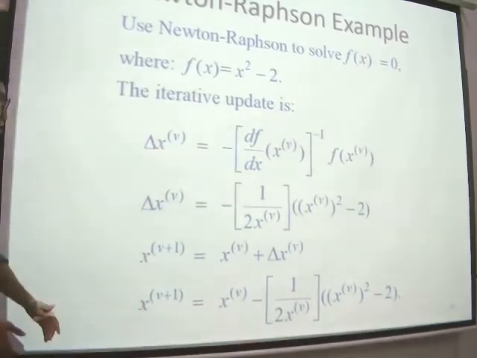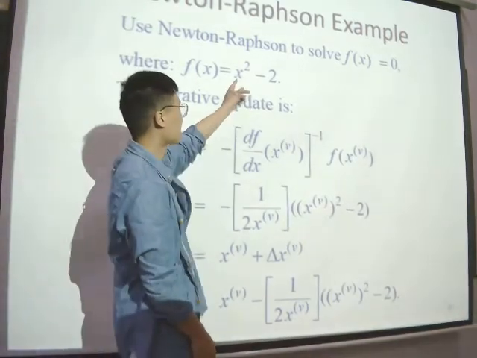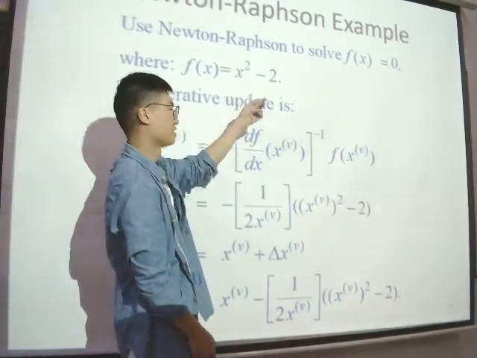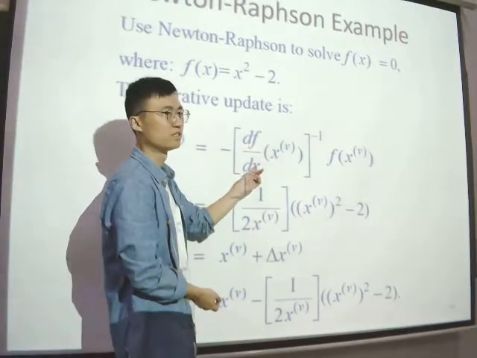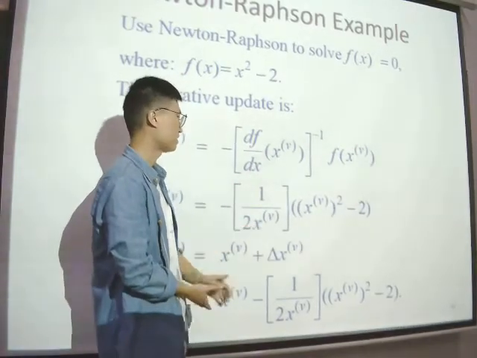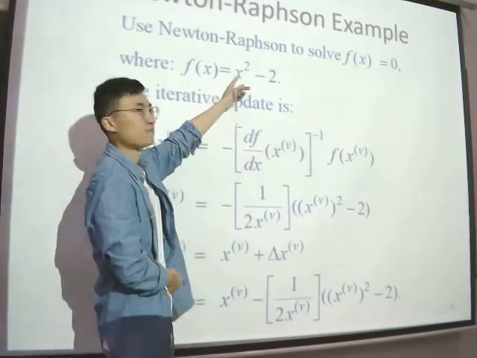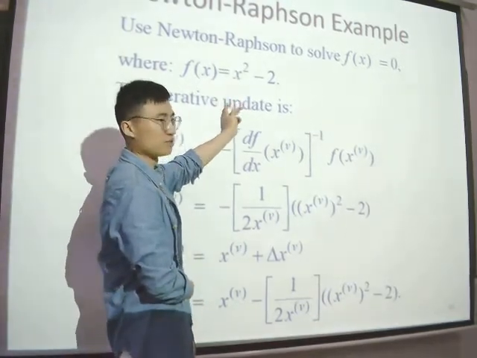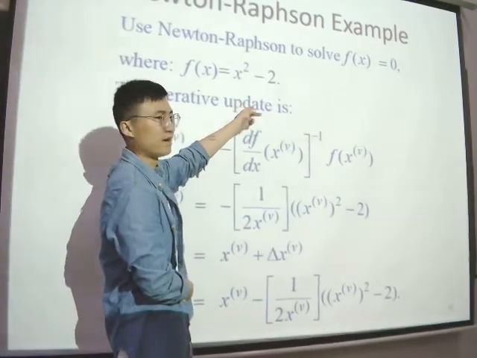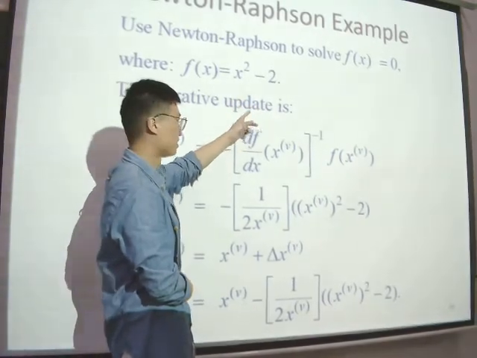For this, the differentiation of f(x) equal to x squared minus 2 is 2 multiplied by x, 2x.